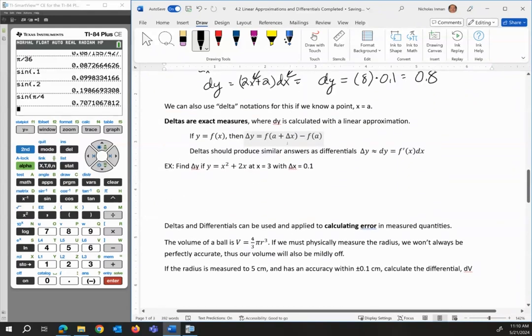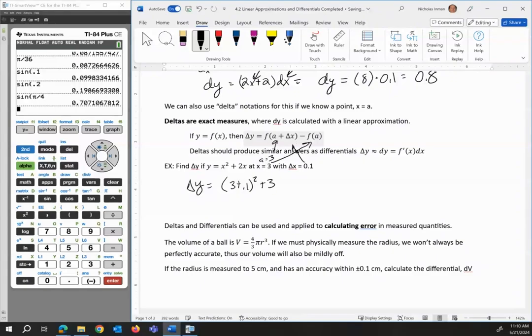A delta is exact. So a delta y is equal to, when you plug in your 3, which would be like your a, and your 0.1 is there. So we want to do 3.1 squared plus 2 times 3.1. We can just type that.